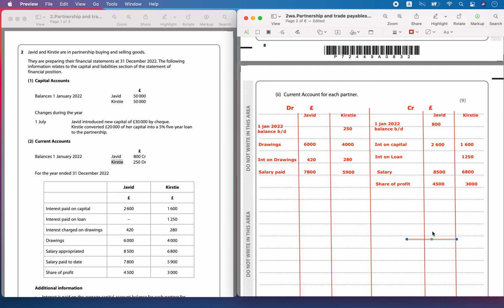Now let's balance out and see what the balance is at the end of the year.